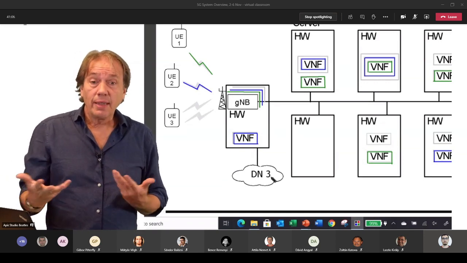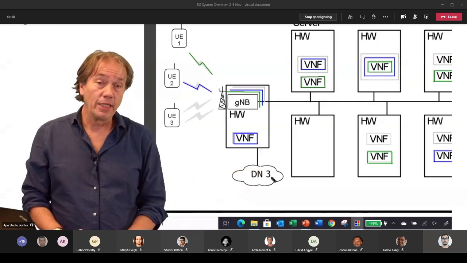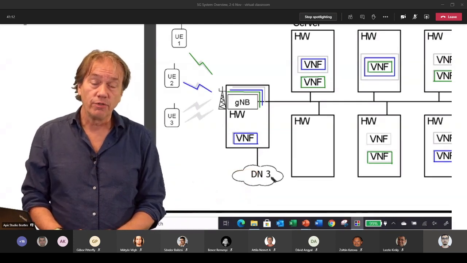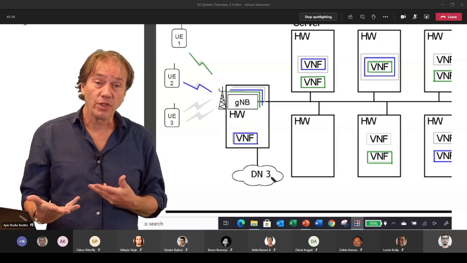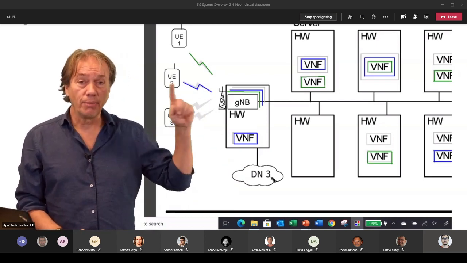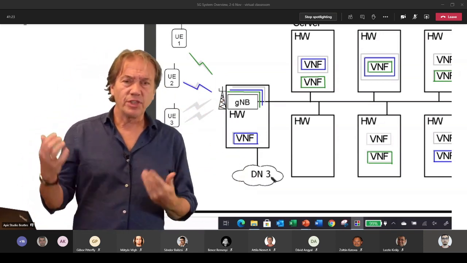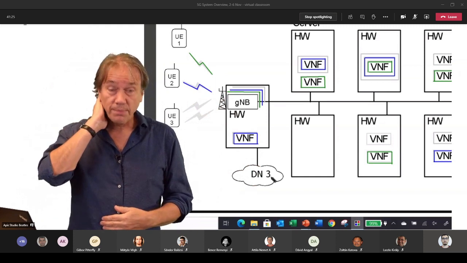And inside the data network 3, there are application functions or application servers, or at least one application function or application server, and there is some type of service or application going on like this. Does this sound like something we've talked about before? Yes, it does.